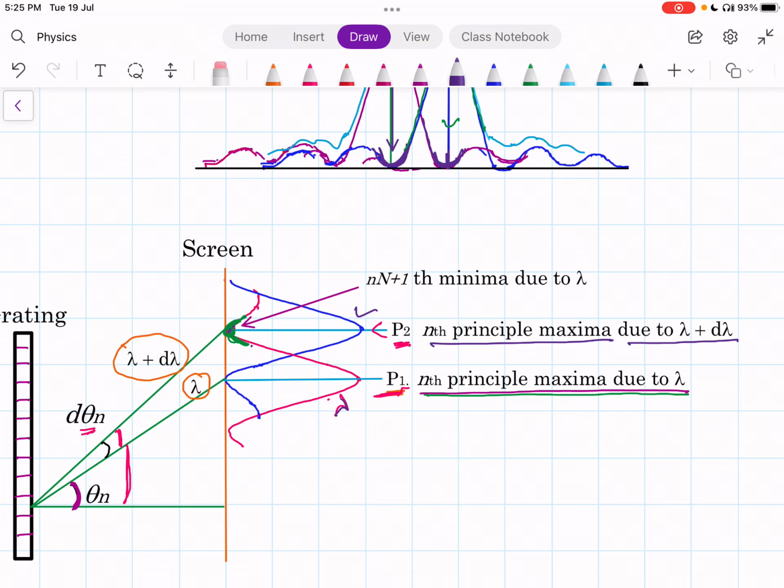And when we say they are just resolved, the central maxima of one coincides with the first minima of the other wavelength. So in this case, the minima due to wavelength lambda coincides with the principal maxima due to wavelength lambda plus d lambda.